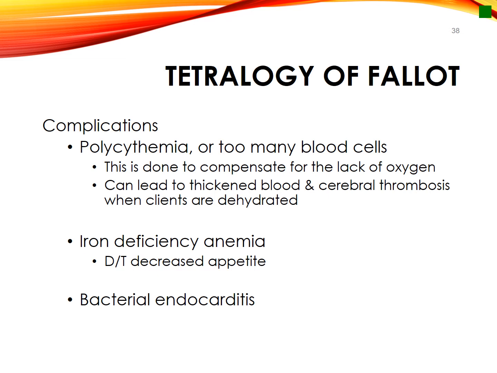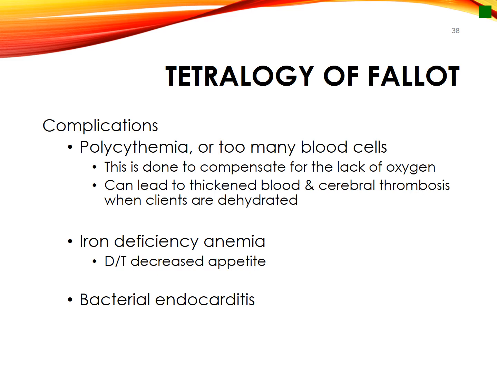Complications from tetralogy of Fallot. You've got your polycythemia, which means too many red blood cells. And so what happens when we have too many red blood cells? One, we increase the pressure more, but we also start having clotting issues because we've got so many red blood cells that things get blocked up and cause problems.